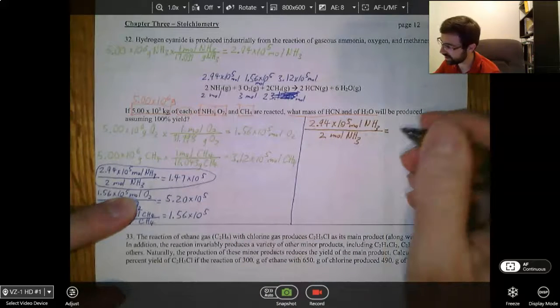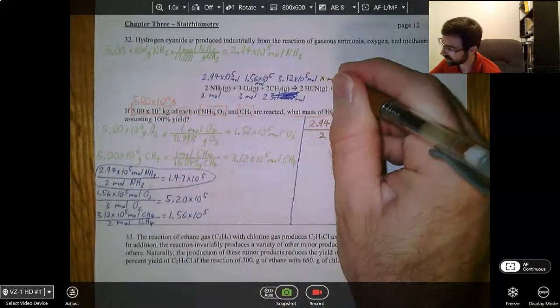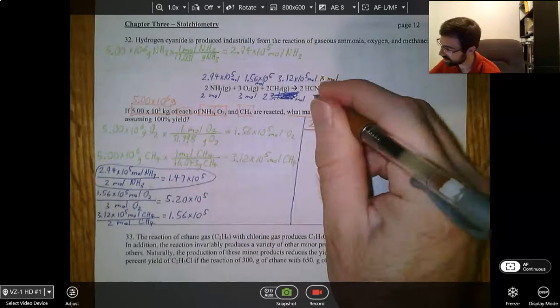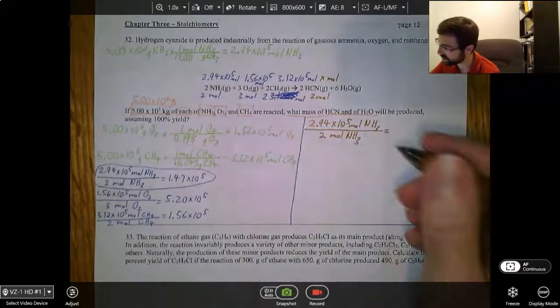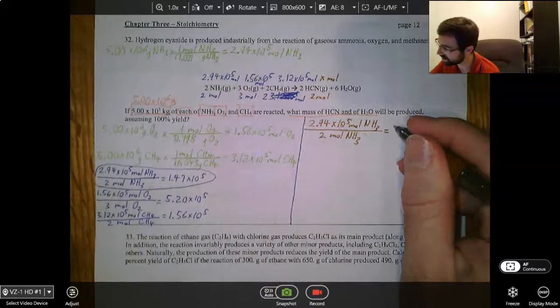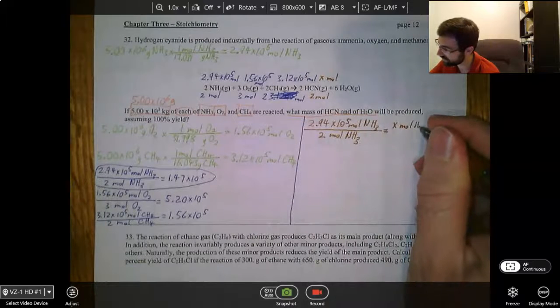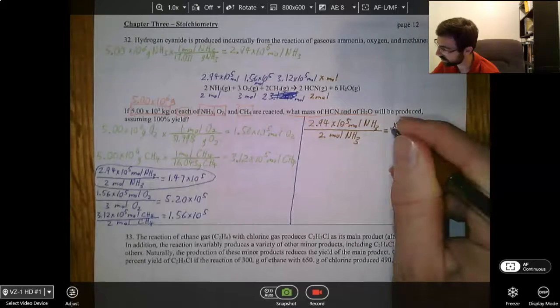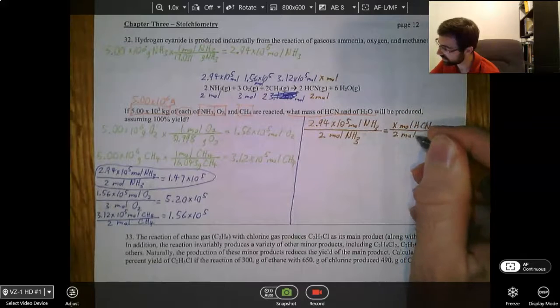Right? So then HCN is going to be X moles over 2 moles. Of course, I want to find grams in the end, but right now all I can do is moles. So I'm going to say X moles of HCN over 2 moles HCN.